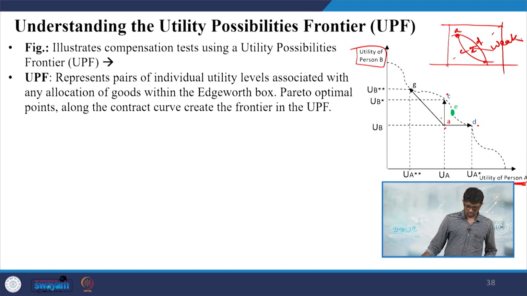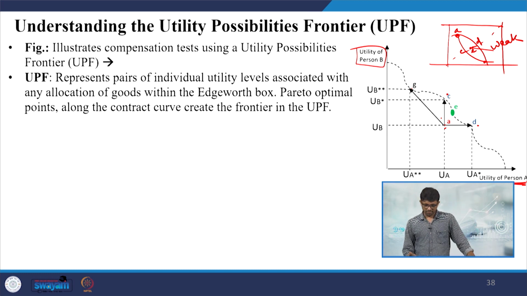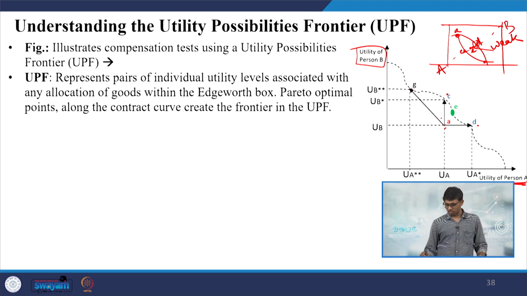Pareto improvement. Whereas, if we are discussing point C and point D, yes, either person A will be gaining or person B, there will be some trade off. Okay. So, these 2 points are called strong Pareto optimal points.